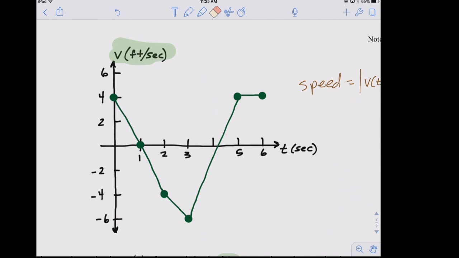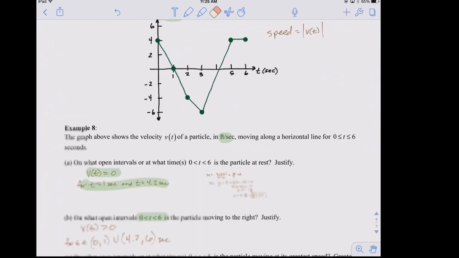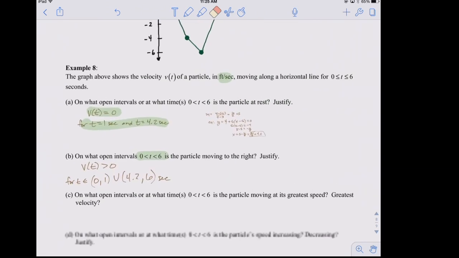On the positive side, it reaches 4, but on the negative side, it reaches negative 6. Well, that just means it's going 6 feet per second in the negative direction versus 4 feet per second in the positive direction. 6 feet per second is still a greater speed, yeah? So again, where is the graph farthest away from the t-axis?